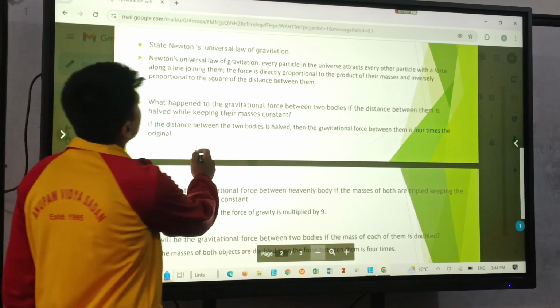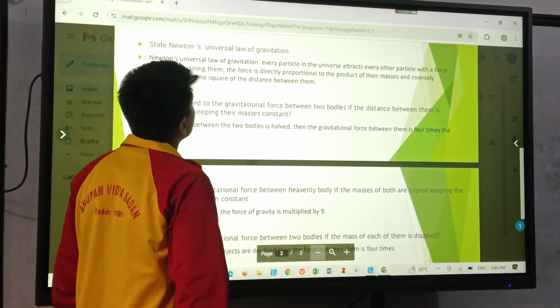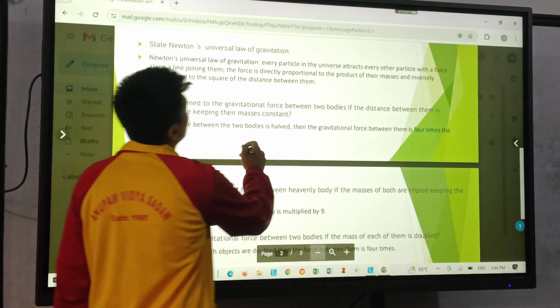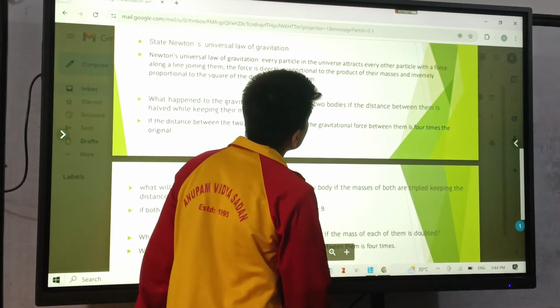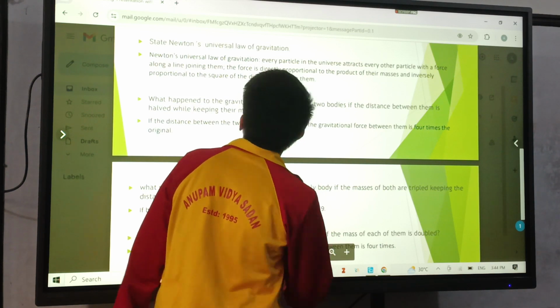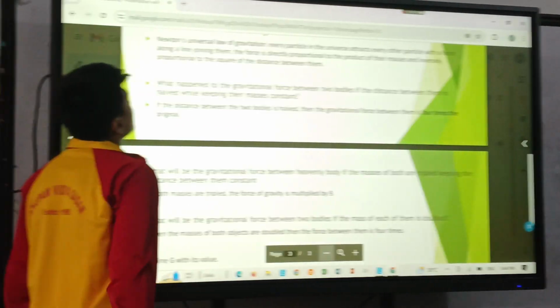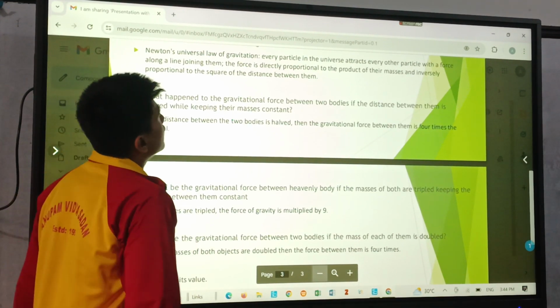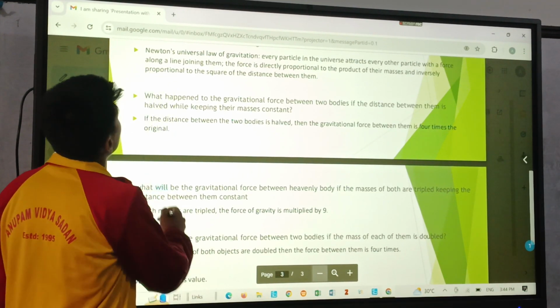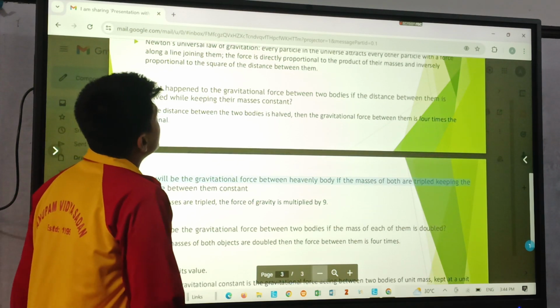Newton's universal law of gravitation states that every particle in the universe attracts every other particle with a force along the line joining them. The force is directly proportional to the product of the masses and inversely proportional to the square of the distance between them.